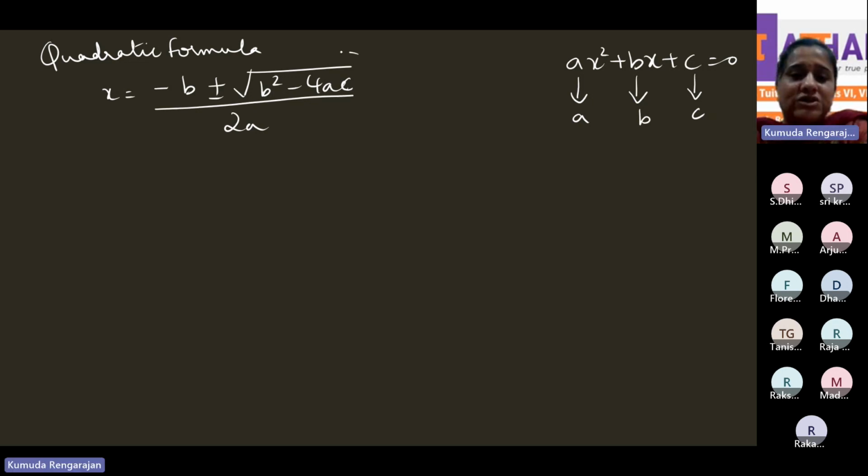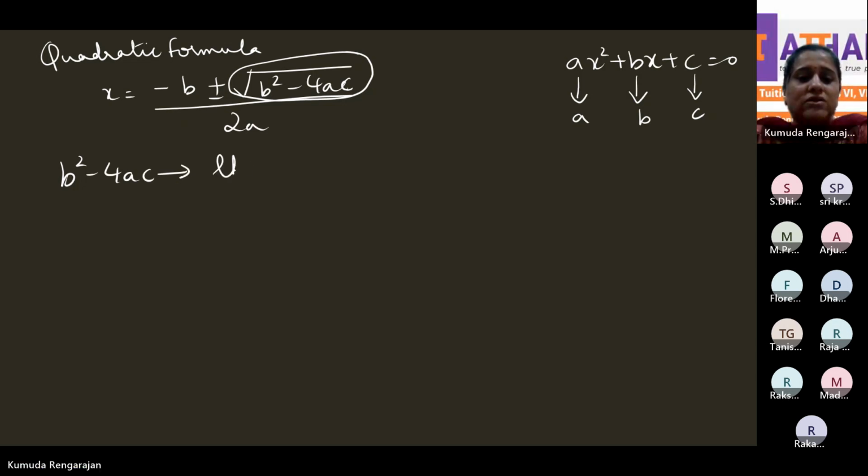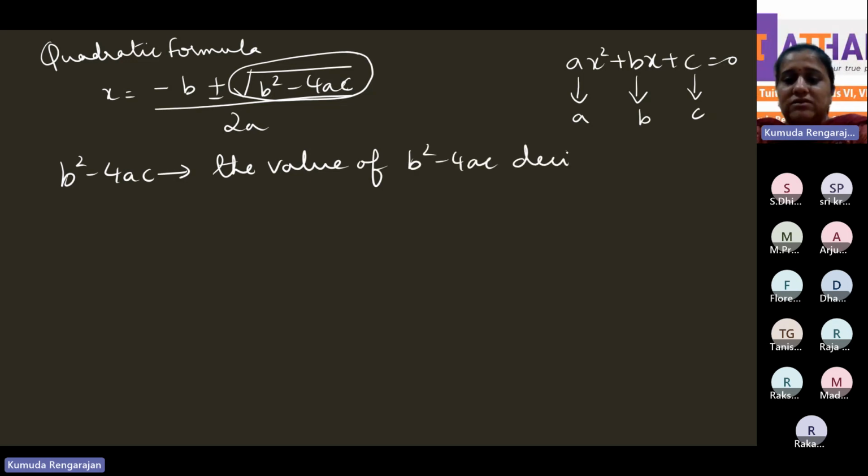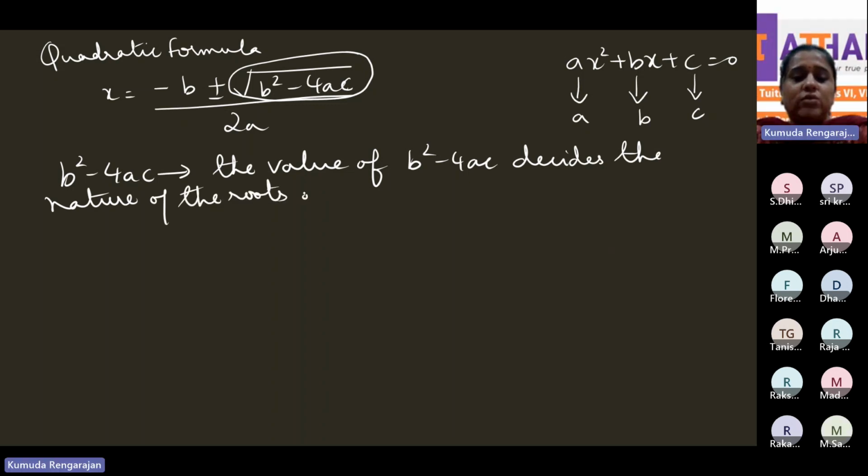Now you can see this expression, b square minus 4ac, is under the square root. So the value of b square minus 4ac decides the nature of the roots of the quadratic equation. Why?